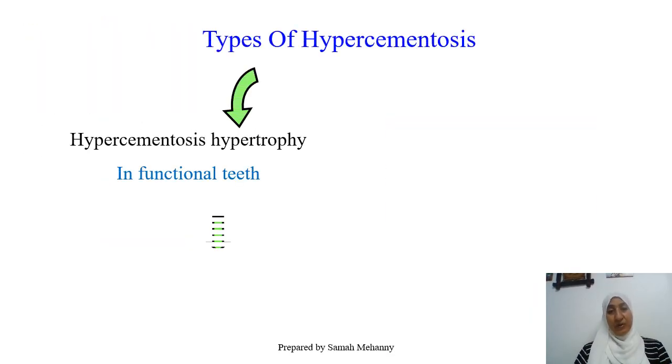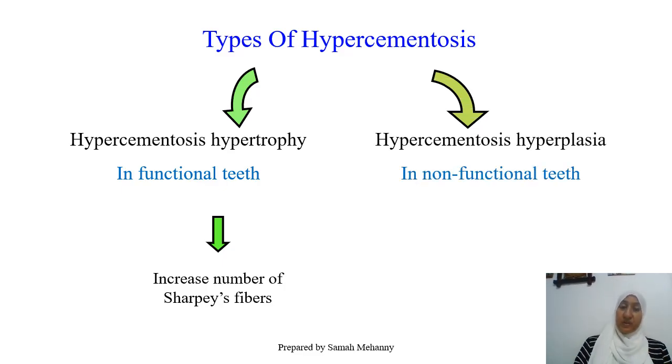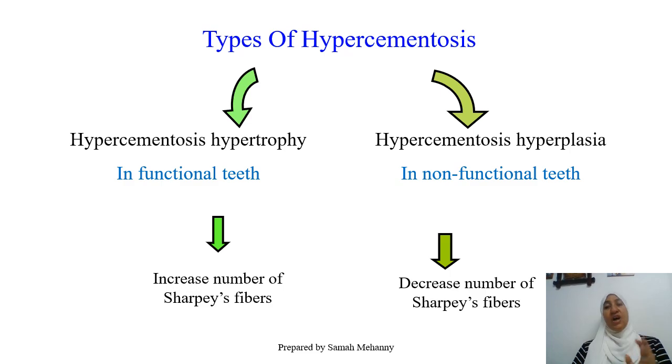The hypercementosis could be divided into two parts: hypercementosis hypertrophy or hypercementosis hyperplasia. In case of this increase in cementum thickness with multiple Sharpey's fibers, multiple periodontal ligament fibers enter in this cementum, meaning that this tooth is highly attached to the adjacent bone.